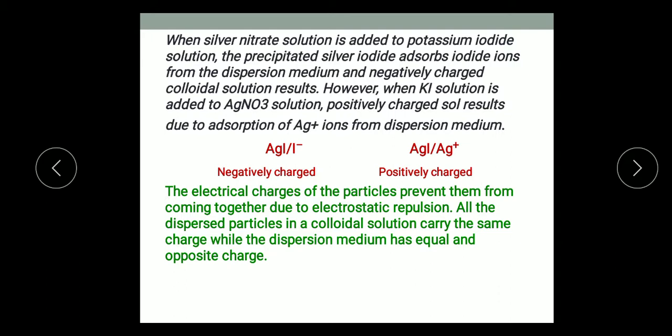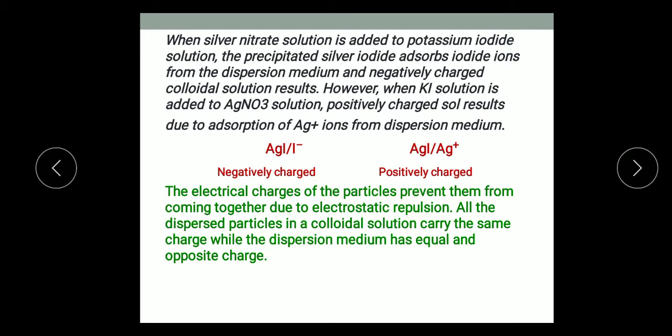In the precipitate we have two ions, silver and iodide. So in solution the common ion is iodide. The precipitate of silver iodide will adsorb iodide ion from solution because it is common to it, and thus it gets negatively charged. When the precipitated particles get negatively charged, they repel each other and we get a colloidal sol of silver iodide.